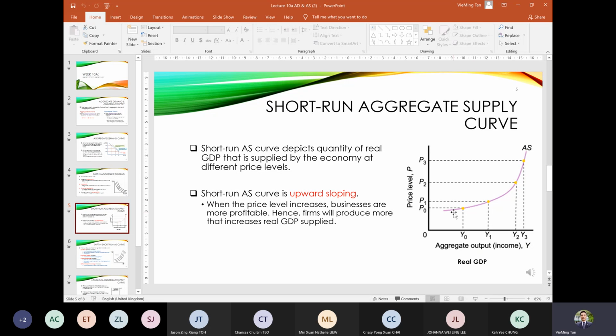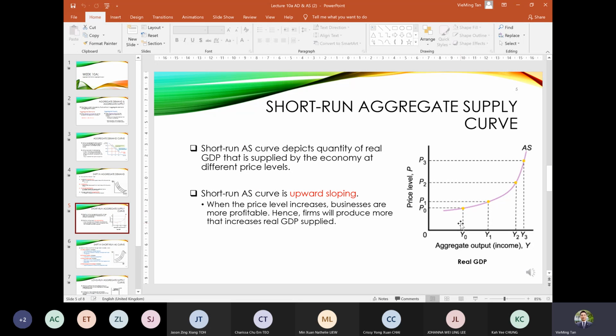Generally, there is a positive relationship between the price level and the aggregate output. When the price level of products in the market is low, it's not really profitable to earn profit.